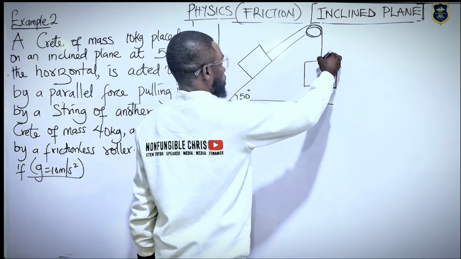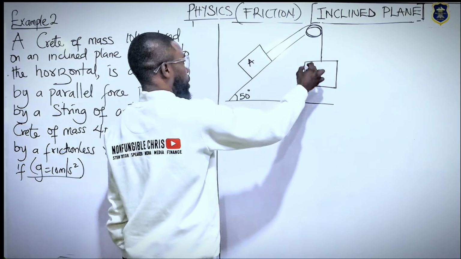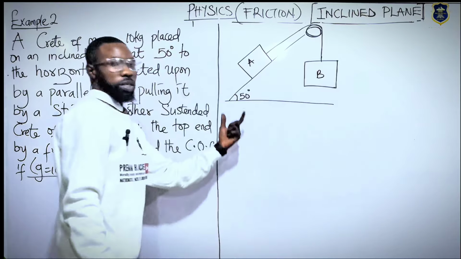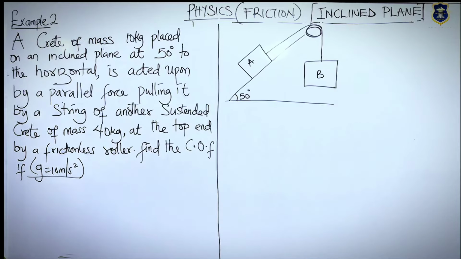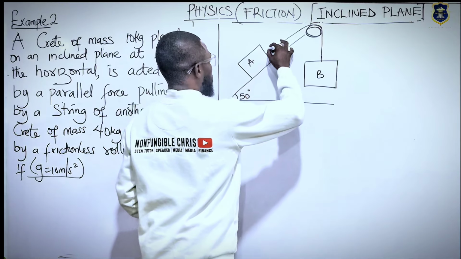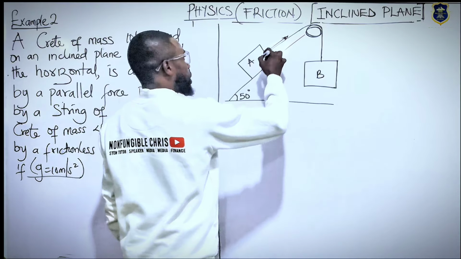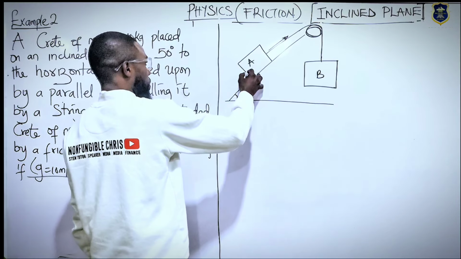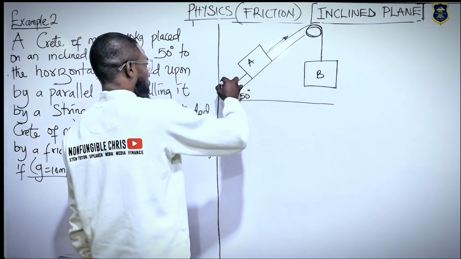Yep. So let's call this crate A. Let's call this crate B. Alright? So at the top of the frictionless roller, find the coefficient of friction. So if this guy is pulling it this way, it therefore means that there's going to be a frictional force here.